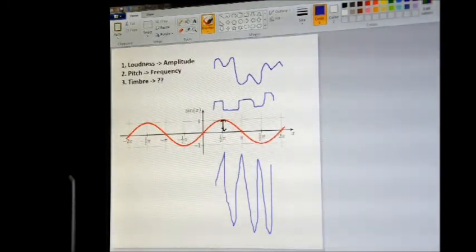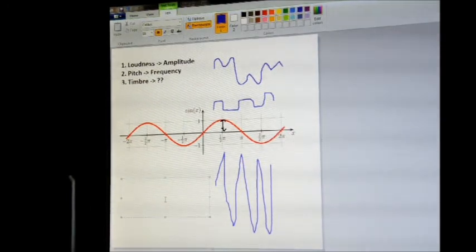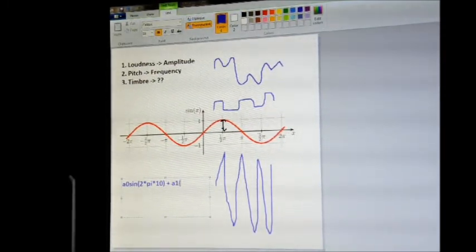So let me just write that down for you. For that square wave, we would have something like A1 times sine of 2 pi 10 Hertz, plus A2 times sine of 2 pi 20 Hertz, and so on.